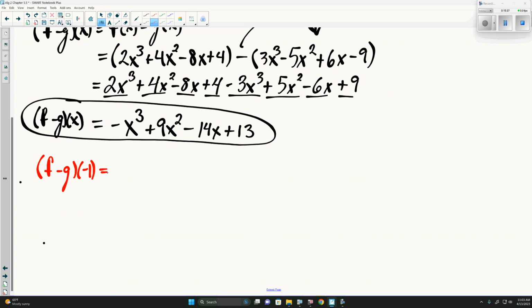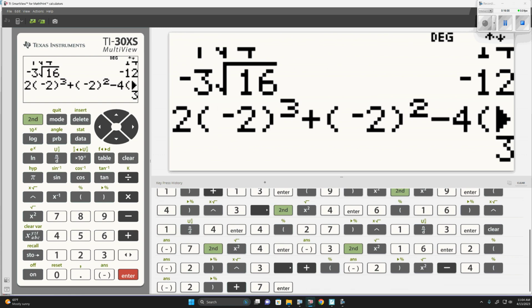Now we need to replace every x with negative 1. At this point, we could plug this whole thing into the calculator.